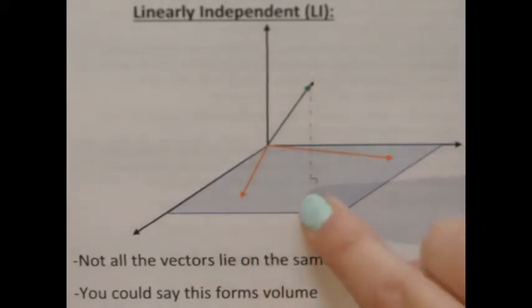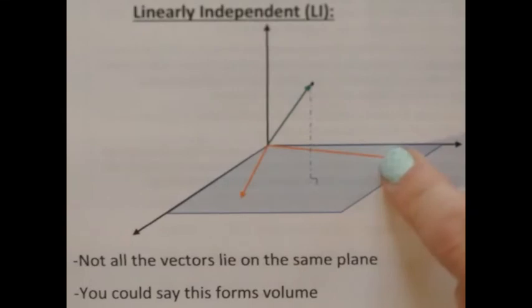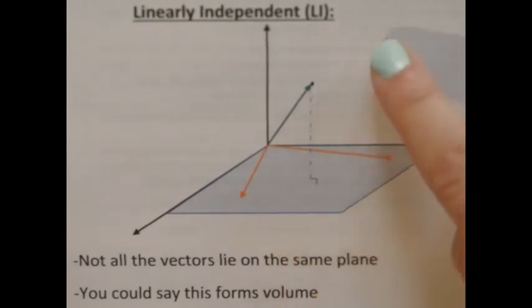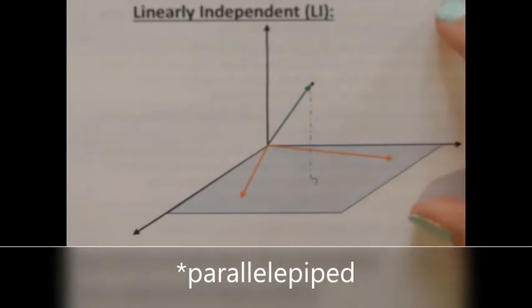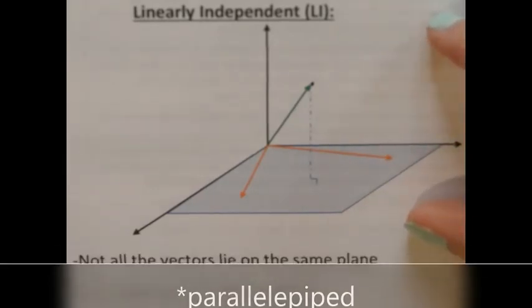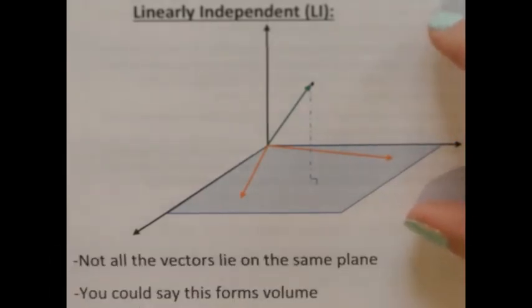We can see that we could form some type of volume. If we were to put these all together, we would form a cube. That would utilize R3 space, which means, again, we could find the volume. If we can find the volume in R3, it is a linearly independent set of vectors.